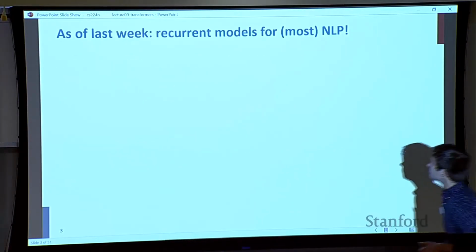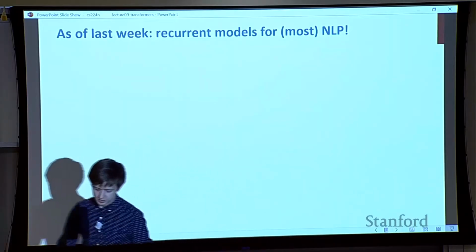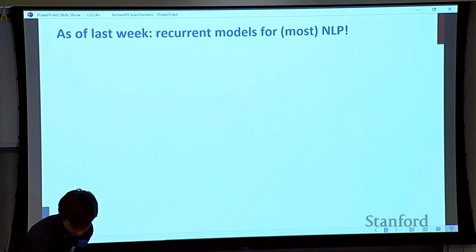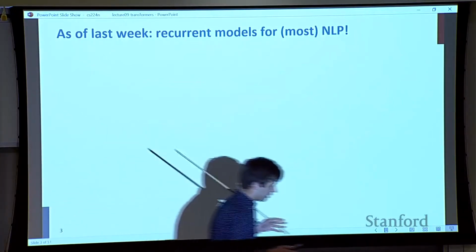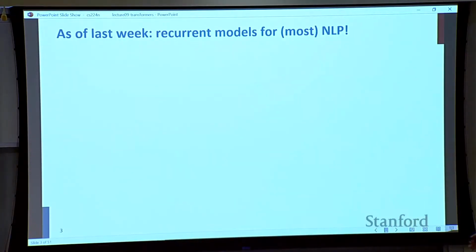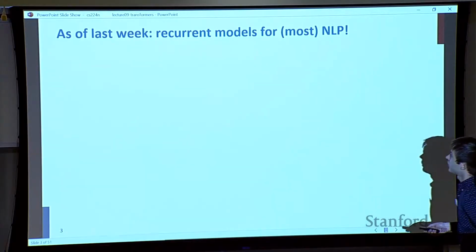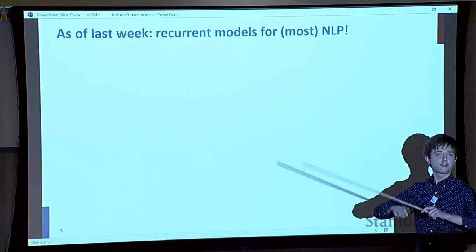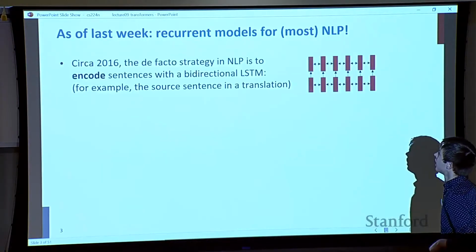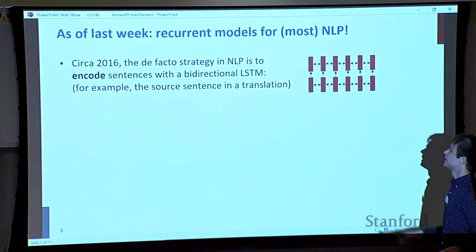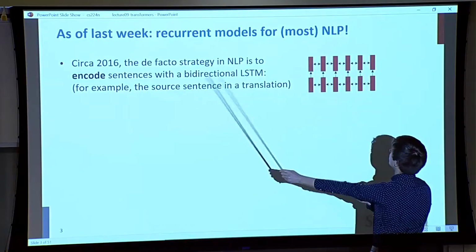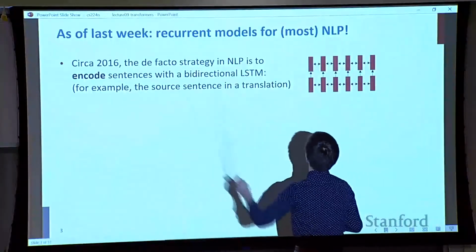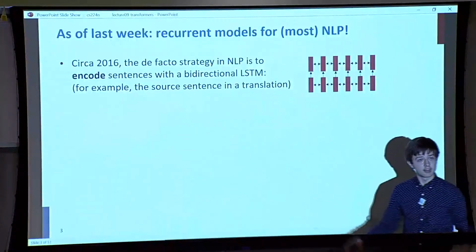Okay. All right, so with that, let's start in on the content of this week's lecture. We were in this place in NLP as of last week where we had recurrent neural networks for a lot of things that you wanted to do. So it's around 2016, and the strategy, if you want to build a strong NLP model, is you have sentences that you need to encode, and you have a bidirectional LSTM, say.